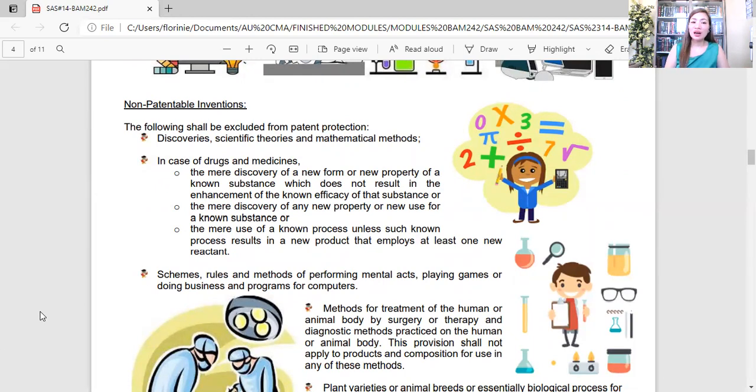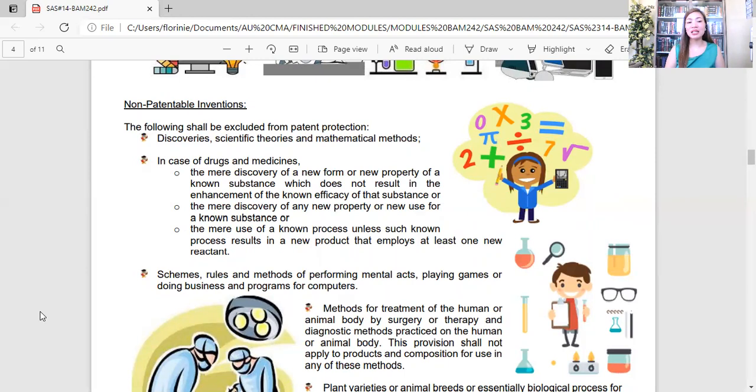So, here, makikita nyo dito na kapag yung medicine ay bago pa lang, yan, pwede mo yung ipapatent. However, kapag yung medicine o yung drugs na discover mo is just a new form of an old medicine that is already known to the people or to the market, then unless yun ay makaka-improve ng efficacy, hindi siya magiging patentable.